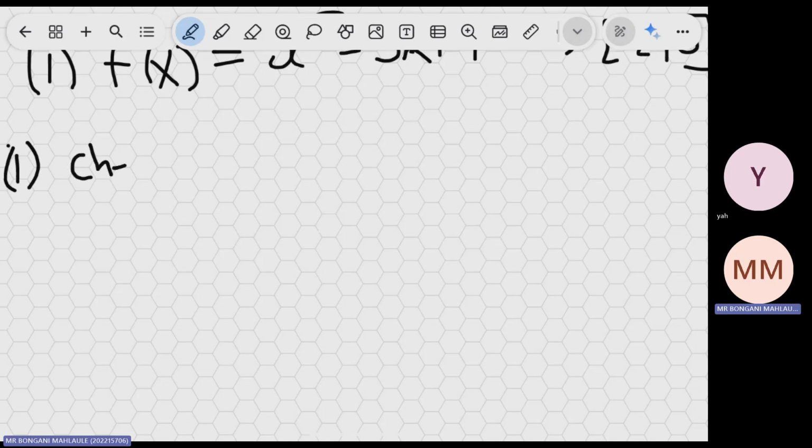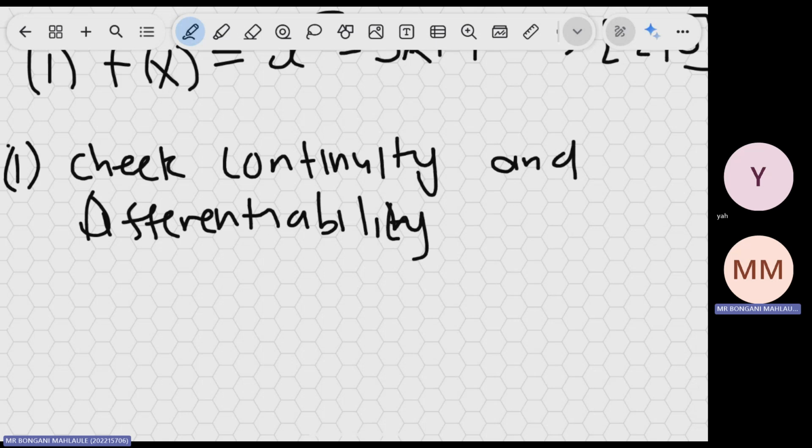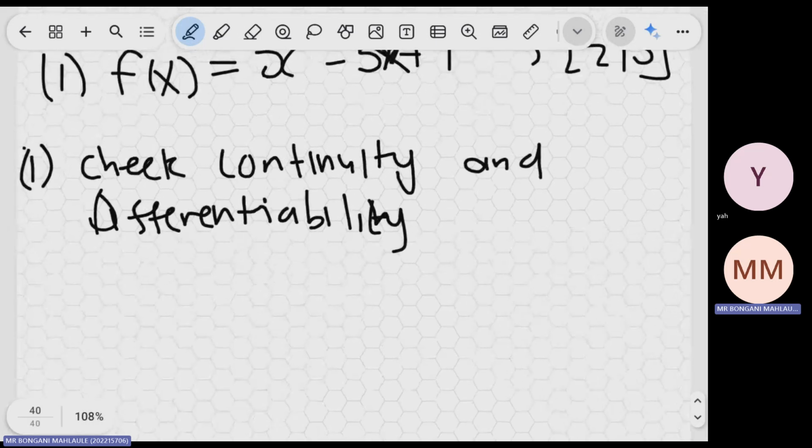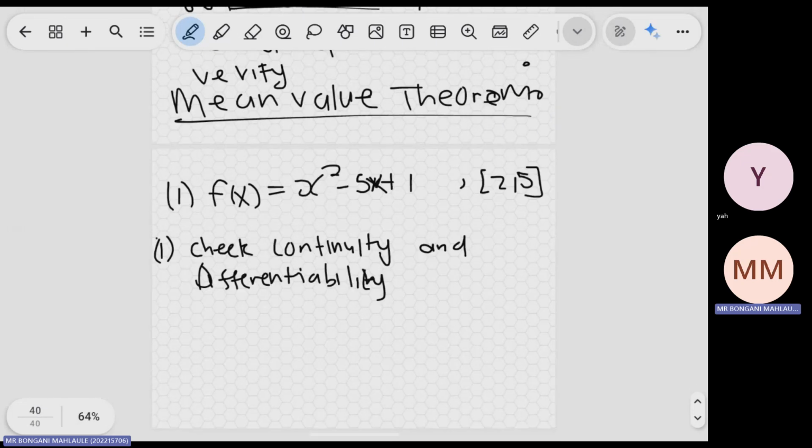So the first one will be to check continuity and differentiability. Then the next ones are similar to the conditions of Rolle's theorem.